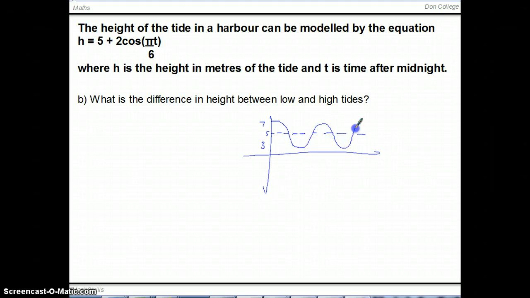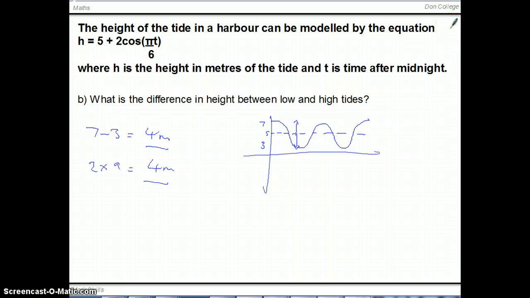So the high tide is 7, the low tide is 3 meters, so the difference in height there is 4. There's a couple of ways you could work that out, either by looking at those numbers or by knowing the amplitude was 2, and it's going to be 2 lots of that. But either way, it's going to be 7 minus 3, so it's 4 meters, or 2 lots of the amplitude, which again is 4 meters.